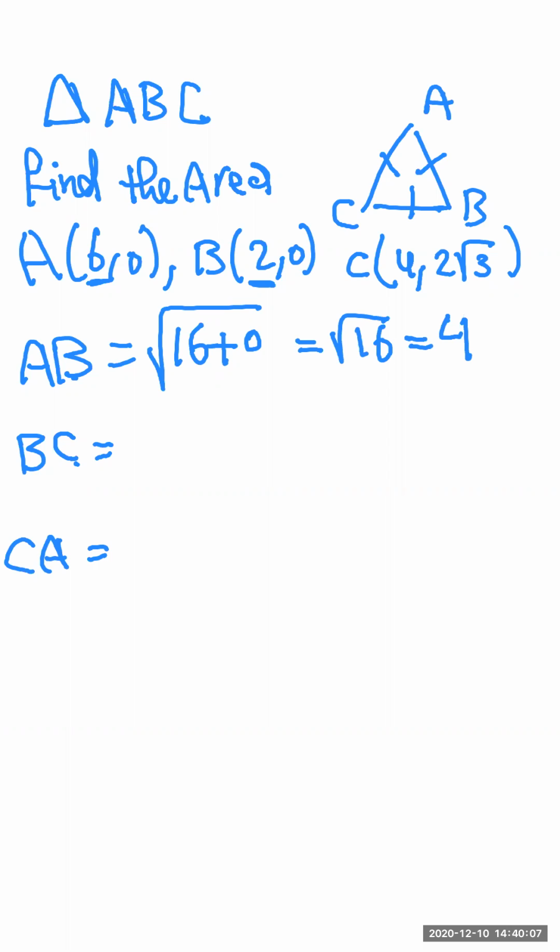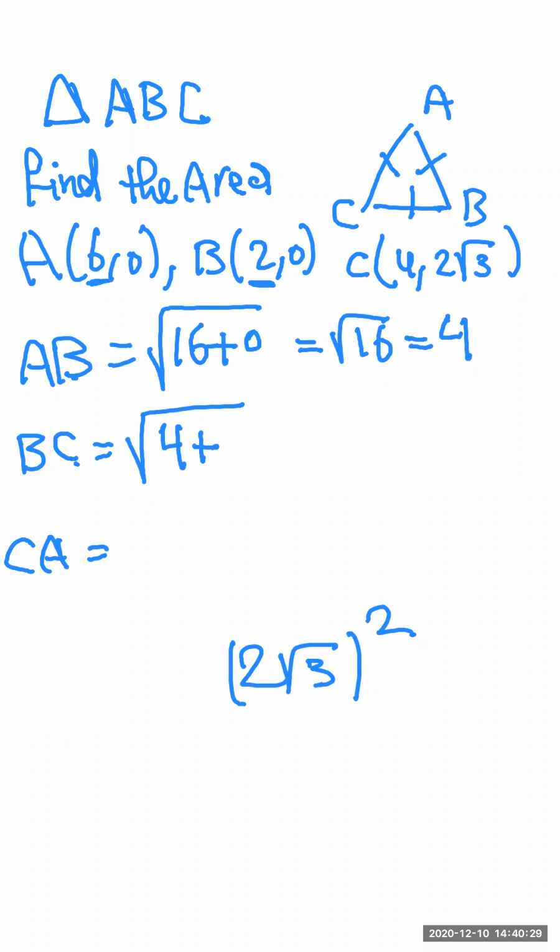The next one, BC. The square root of 4 minus 2, which is 2. 2 squared means 4, plus 2 square root of 3 minus 0, squared. Guys, this term is squared. 2 squared means 4. Square root of 3 squared means 3.